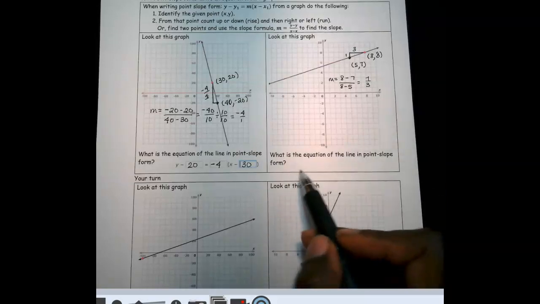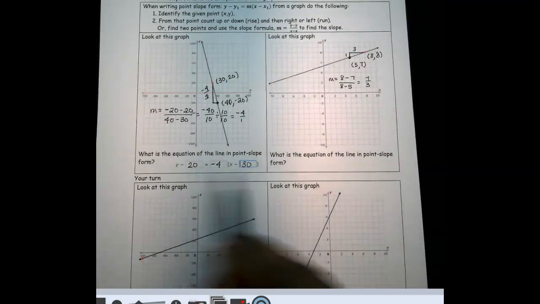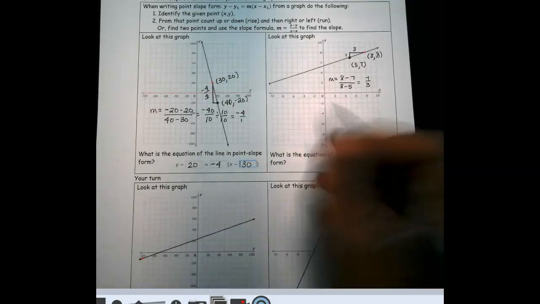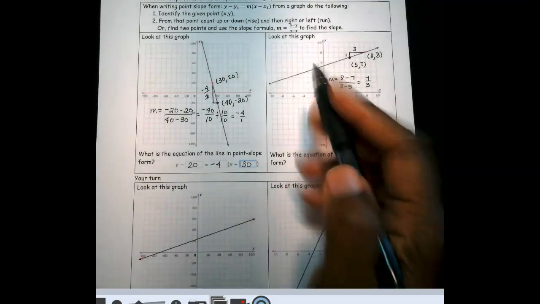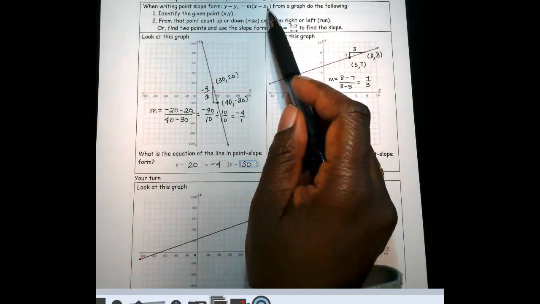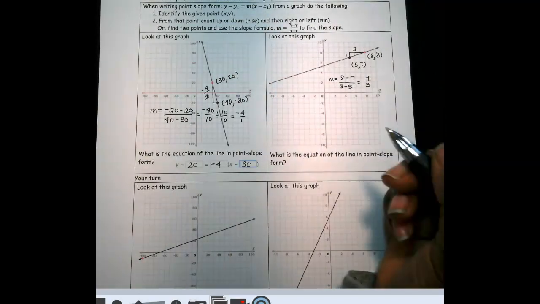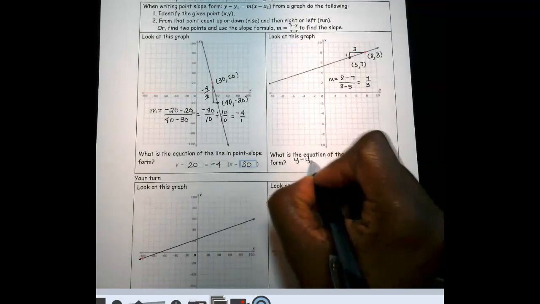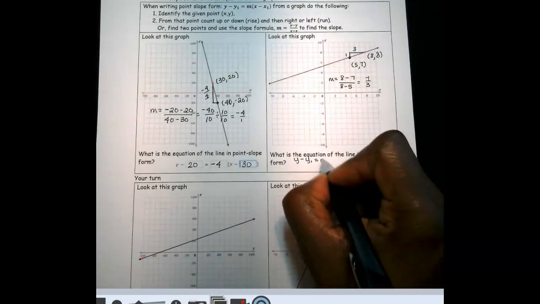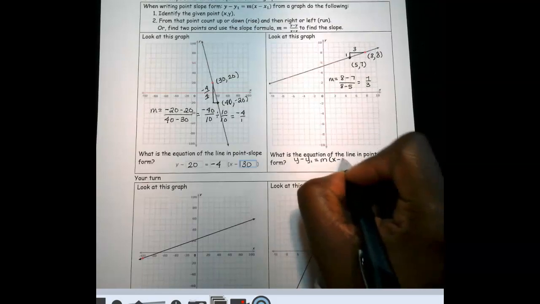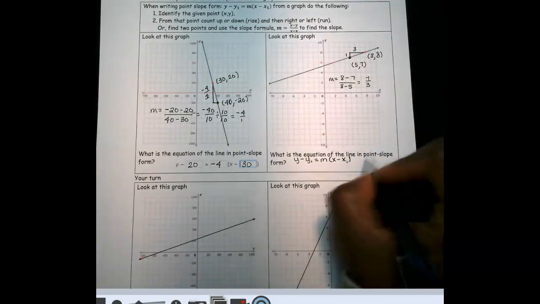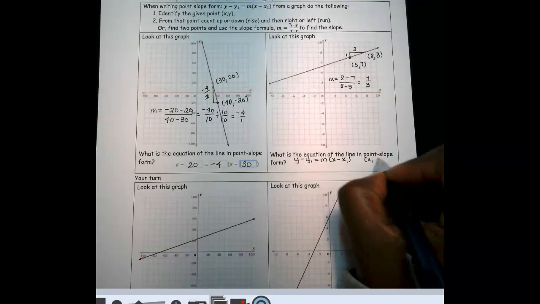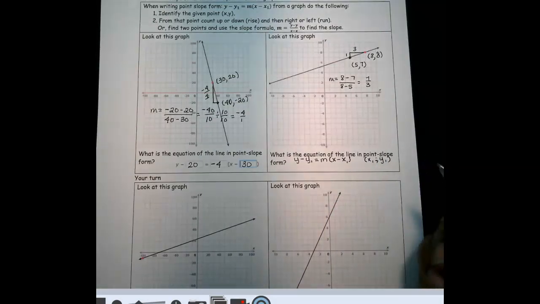So notice here that they've taken away our supports, right? But remember the slope formula, I've written it at the top of the paper. I would encourage you to write it down as well. So I've got y minus y1 equals the slope times x minus x1. And let's remember that x1 and y1 are the ordered pairs.